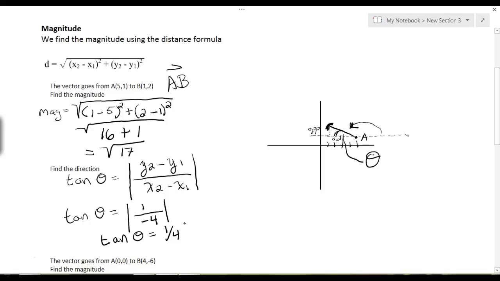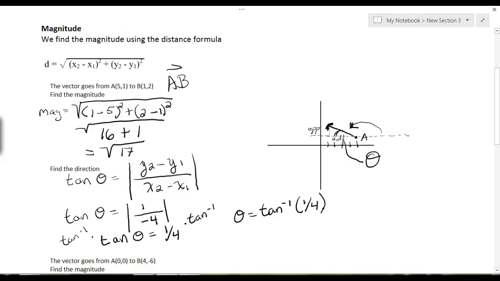Now I have to use inverse tangent, so I'm going to apply inverse tangent to each side to get theta all by itself. So I end up with theta equals the inverse tangent of 1/4.